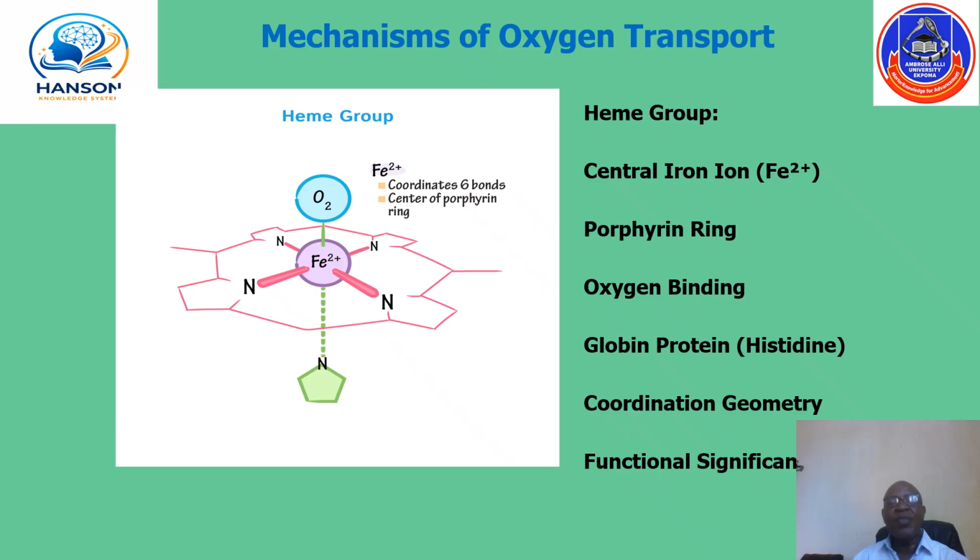Now, the globin protein comes from the histidine and attaches to the ion from below, thereby stabilizing the heme structure. So with this mechanism of binding, the heme group present in the hemoglobin is able to transport oxygen.